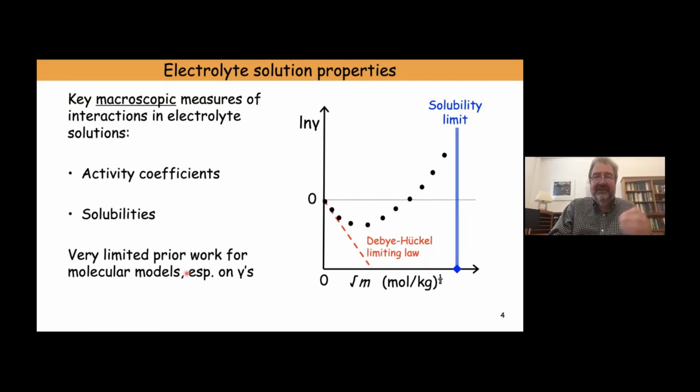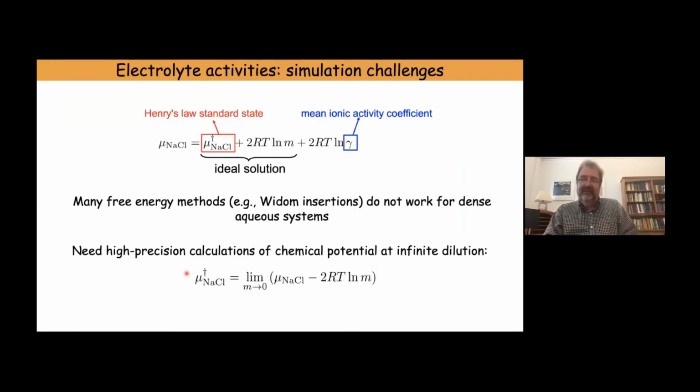What are the challenges in the simulation methods? Well, I'll remind you of the definition of the activity coefficient log gamma here. This is defined by taking the chemical potential, free energy per mole of the solution, and expressing it as a sum of a reference state, which in this case will be the Henry's law, the infinite dilution reference state, the ideal term, so this combination is the ideal solution term, and this describes the non-idealities.